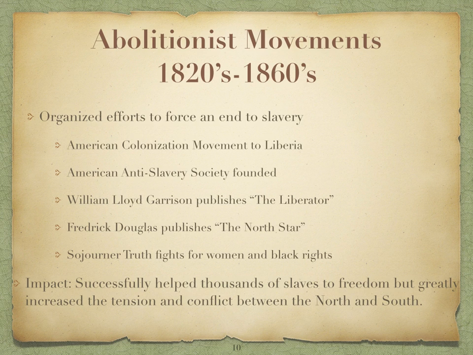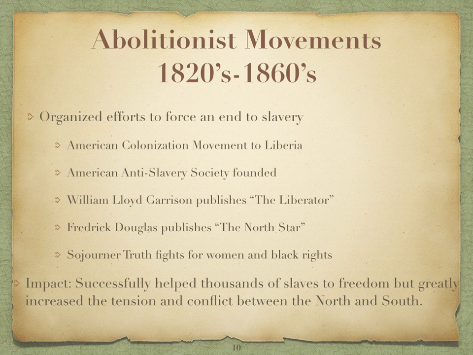And then there's the Abolitionist Movement. All of these were to help people: one organization to help black people move back to Liberia, another an anti-slavery society, a newspaper printed by William Lloyd Garrison, Frederick Douglass publishes, Sojourner Truth fights to help black people escape the South and get to Canada up through northern Pennsylvania, New York, Massachusetts.